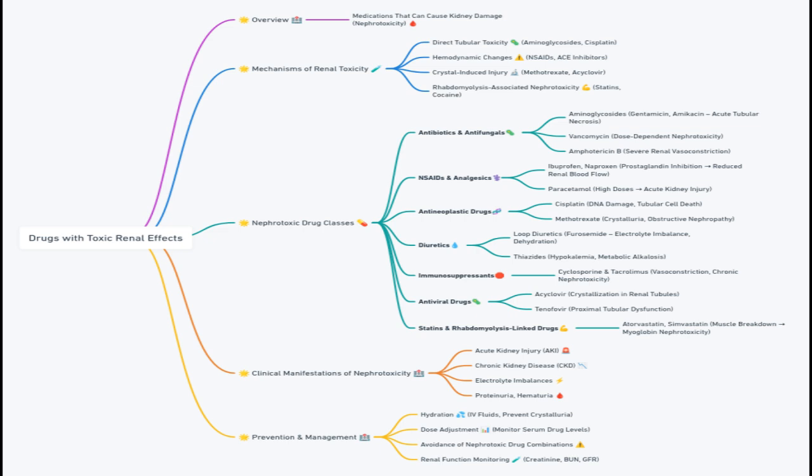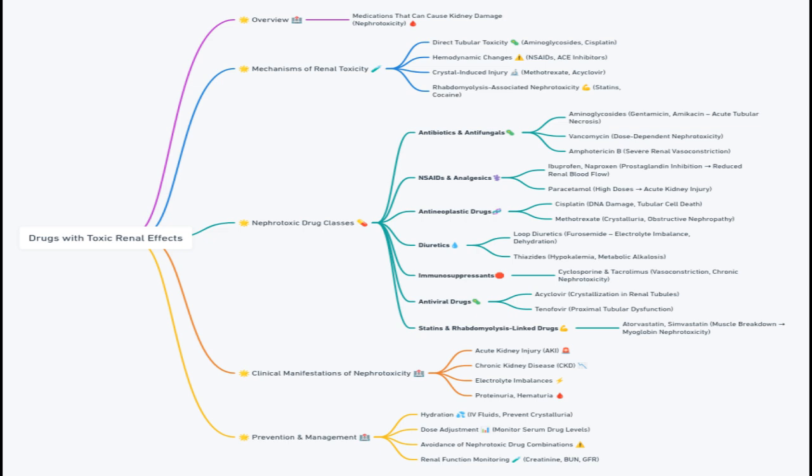So vancomycin is a glycopeptide antibiotic. It's also commonly used in critical care settings, for example, for methicillin-resistant Staph aureus infections. So vancomycin-related nephrotoxicity is generally due to acute tubular necrosis or acute interstitial nephritis.